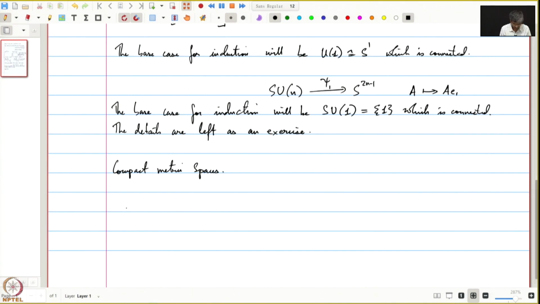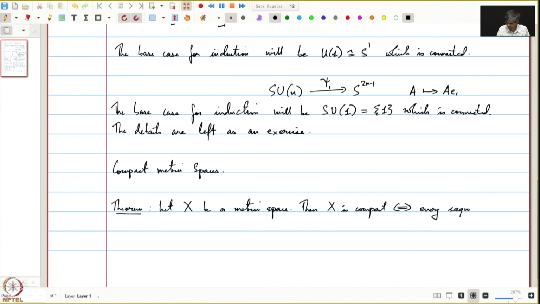The main theorem of this lecture is the following: let X be a metric space, then X is compact if and only if every sequence in X has a convergent subsequence.